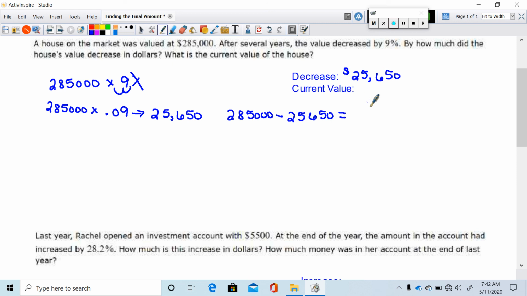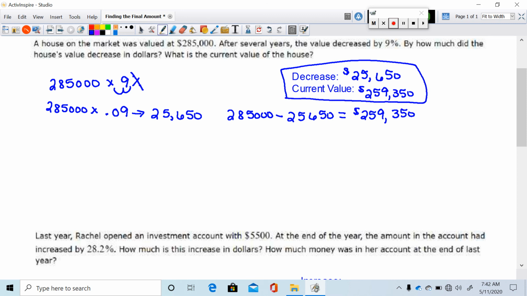When you subtract that, you get $259,350, and that is the current value of the house. So that's the decrease and the current value.